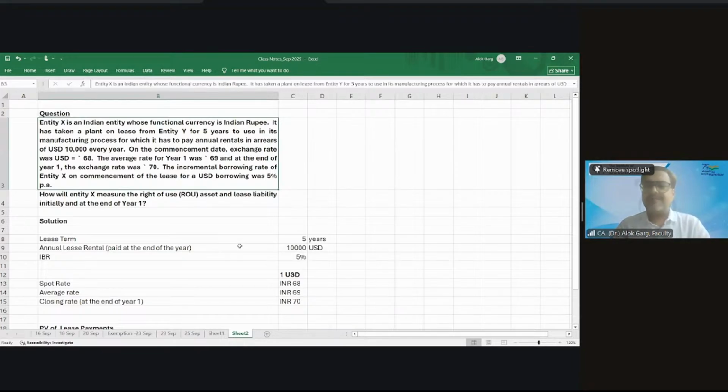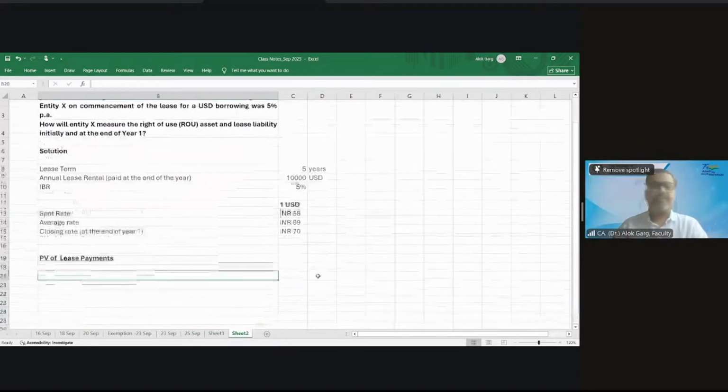And if you have any confusion, just think about this: in this question, the spot rate at the commencement date, dollar versus INR, is given, but the dollar versus INR rate is not given for all the 5 years. Your annual lease rentals have to be paid for the next 5 years, but the spot rate, average rate and closing rate are given only for year 1.